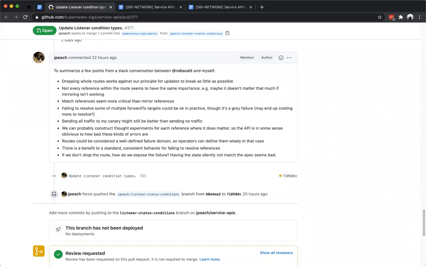The more I've thought about it, and to take the argument a step further here, let's take the authentication example. Let's say someone deploys a route, it works, but they forgot authentication.